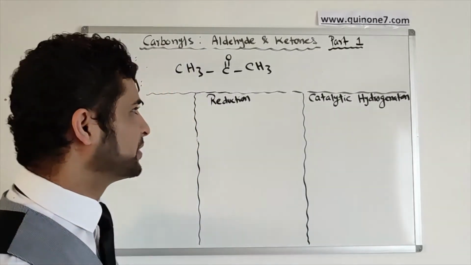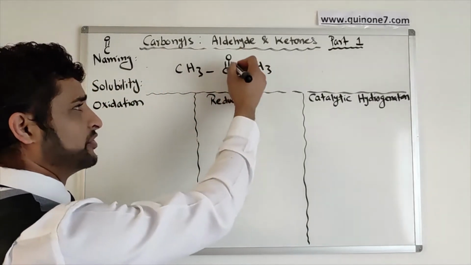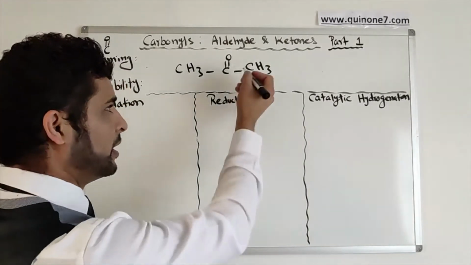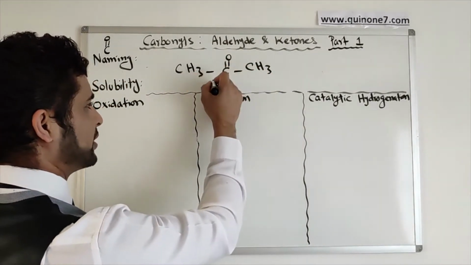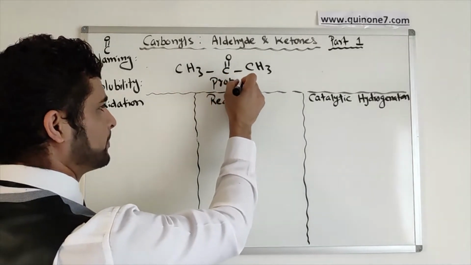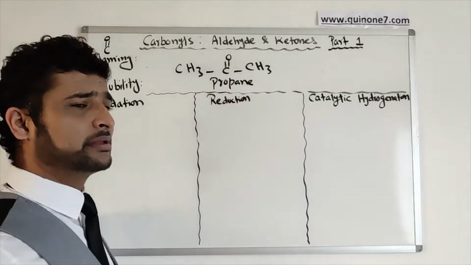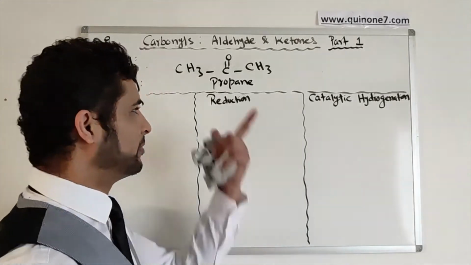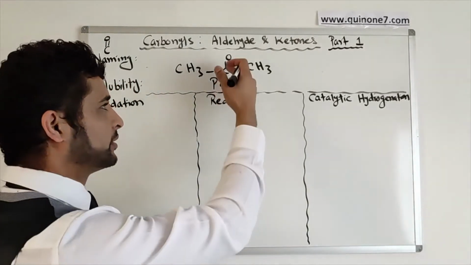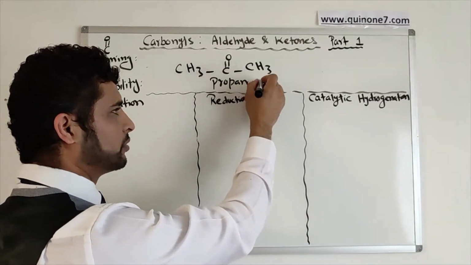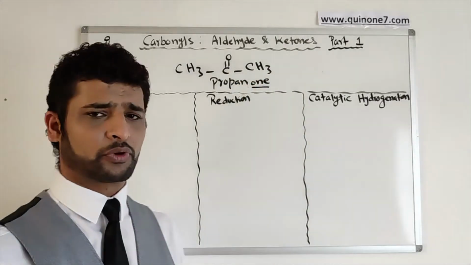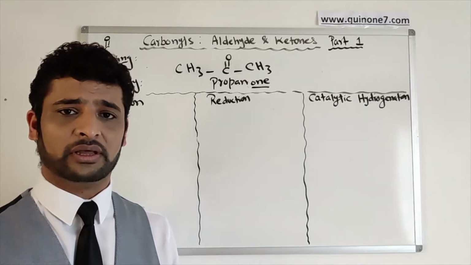You will start the numbering from the end where you can get the lowest position for the carbonyl. From either way, it is going to be second anyway. Now 1, 2, 3 is the parent name for the hydrocarbon, which is propane. To name this sort of compound, you remove the E and you put ONE. So propanone will be the name of the compound.